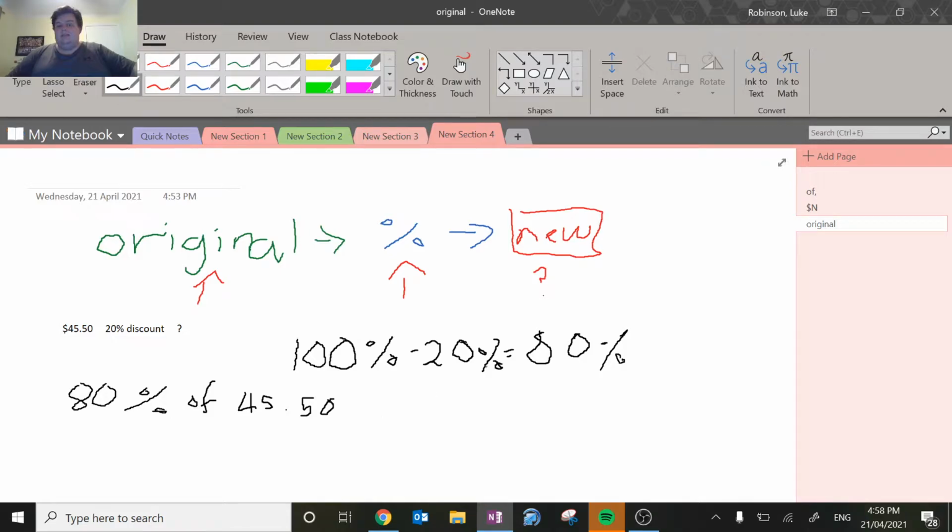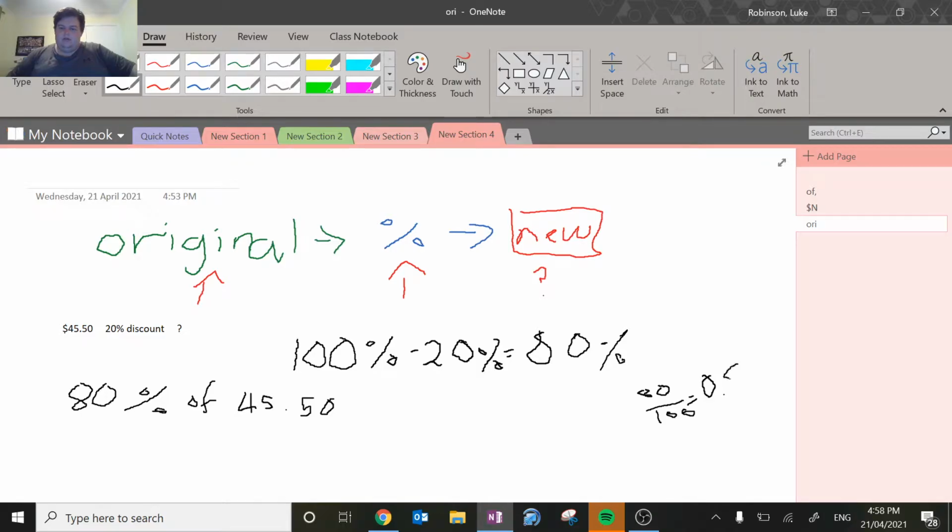Now, we've actually done this before in previous lessons, so maybe from here you might be feeling a bit more confident to give it a go on your own, but if not, it's okay. What we do is we convert this from a percentage to a decimal. It's hard to solve with the percentage. So 80% divided by 100 gives us 0.8.